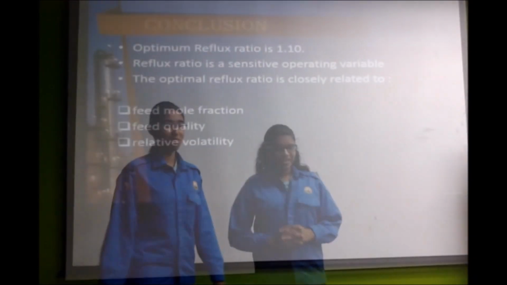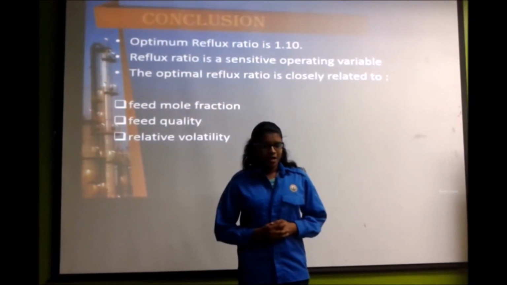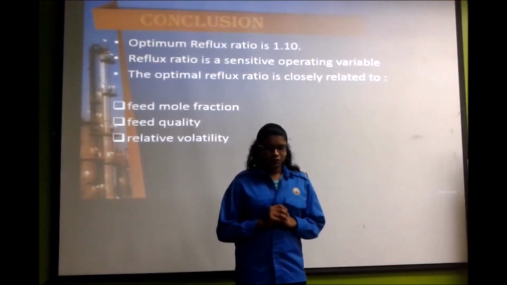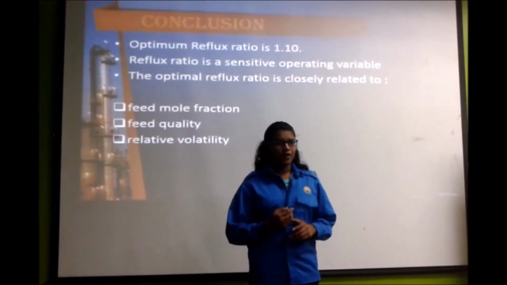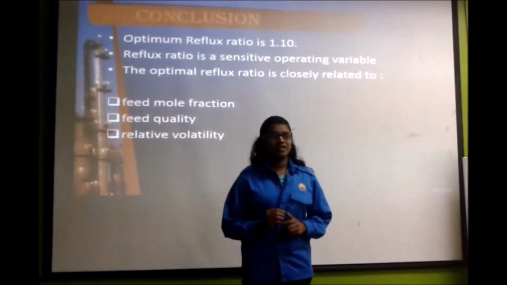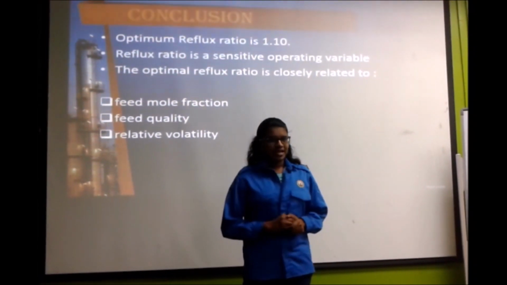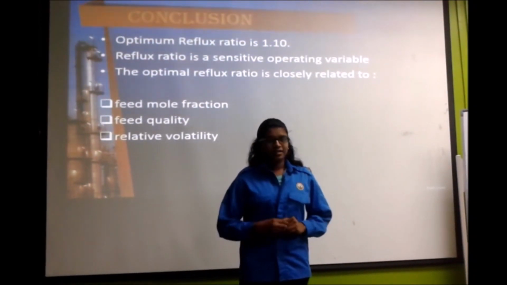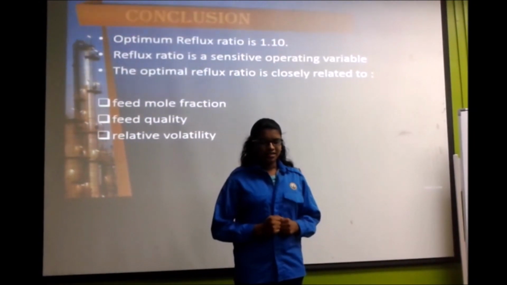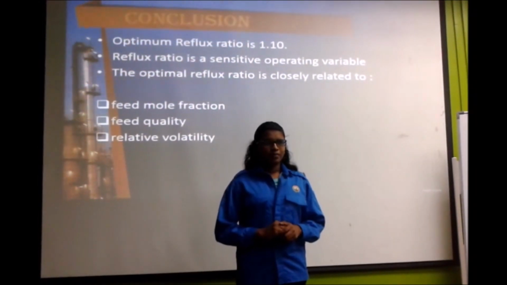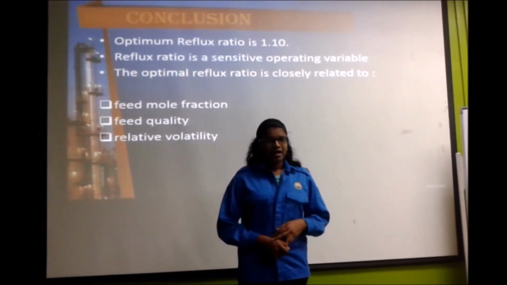As for the conclusion, to summarize the whole project, I would like to recommend the reflux ratio of 1.10 to obtain a high quality of propylene, which is 95 mole percentage of propylene. There are many factors that will affect the whole separation process of propylene and propane, such as the design, maybe the width of the column and the number of trays.